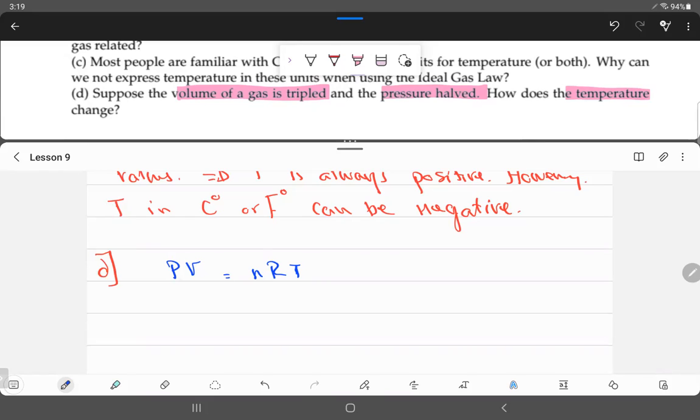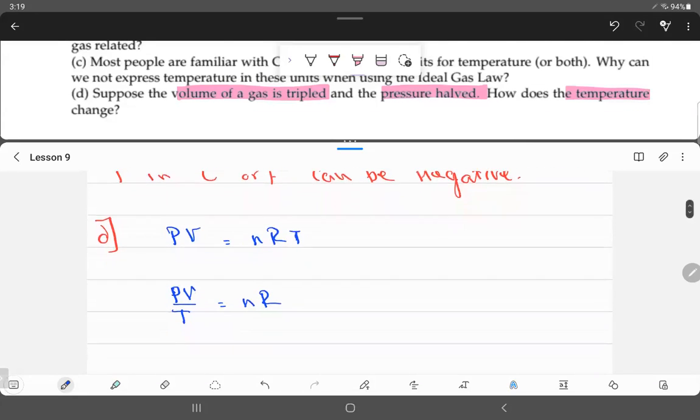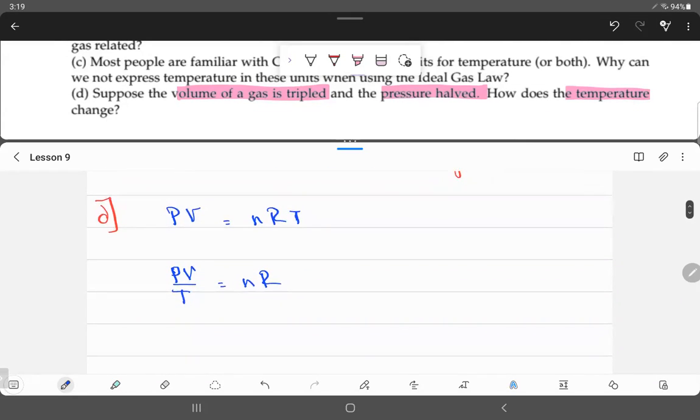So I'm going to write the variables on the left-hand side and keep the constants on the right-hand side. Whatever P, V, T you plug into this relation, the answer is going to be the constant nR. It will never change.